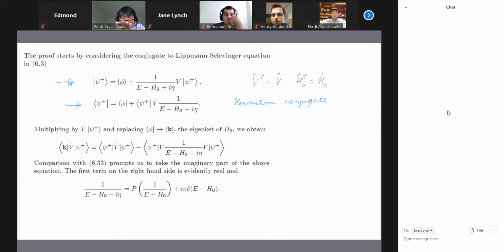And then we multiply everything, both sides, by V acting on psi plus. So then we get psi plus like this.